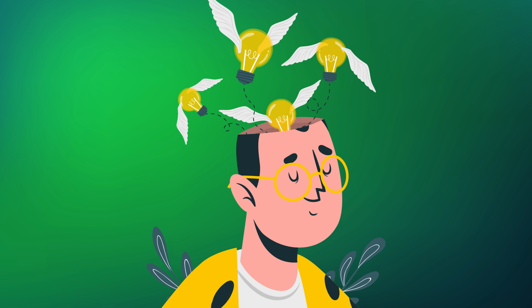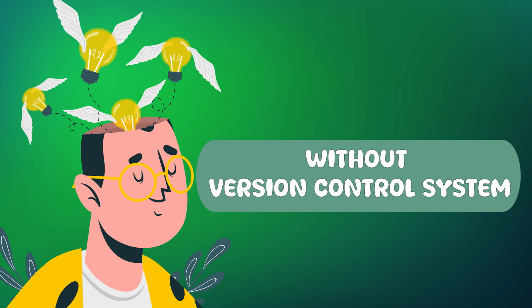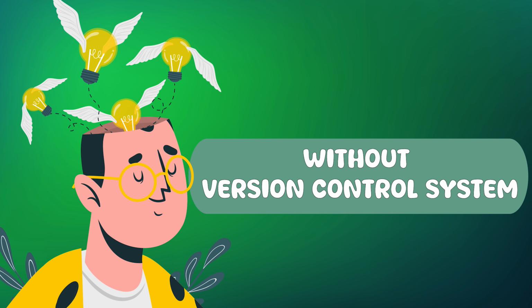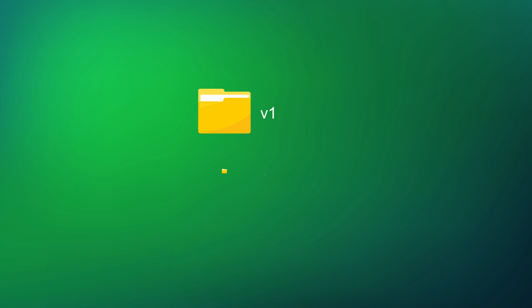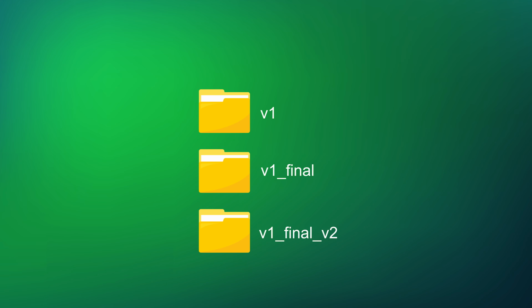Okay, so imagine you are working on a project without using a system to keep track of your changes. This is what most programmers deal with without something called version control. You have to save your whole project in different folders, each with a number. After a while, it's really confusing and a pain to manage.